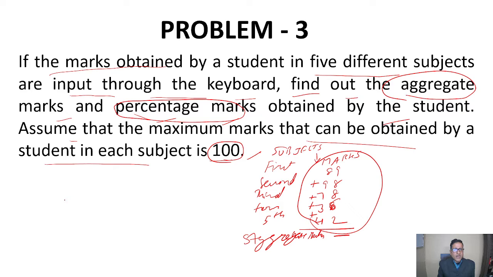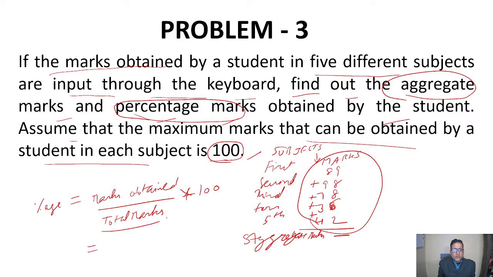We know that the percentage is calculated by the marks obtained, divided by the total marks, and multiplied by 100. In this case the maximum marks is 500 and the marks obtained is this aggregate marks. So we have to calculate these two values, aggregate marks and percentage marks.